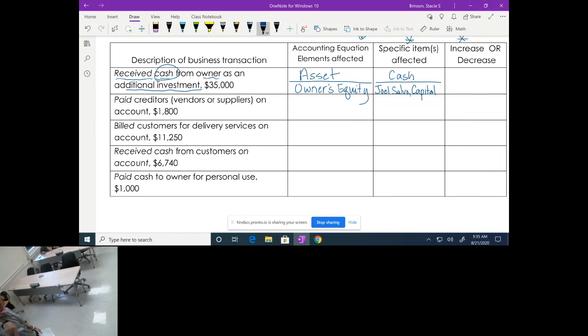We've got owner's equity. It's called Joel Salvo Capital. It is an equity account, but that's the specific name of it. Is our cash increasing or decreasing? It's increasing. What about owner's equity? Is it getting bigger or smaller? Bigger. I mean, you put money in.